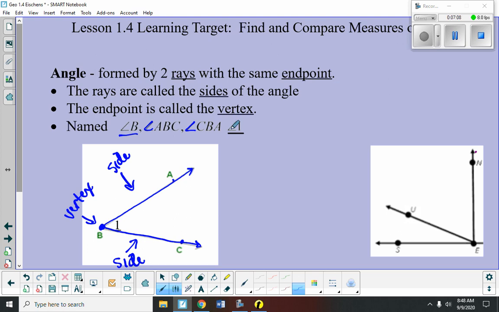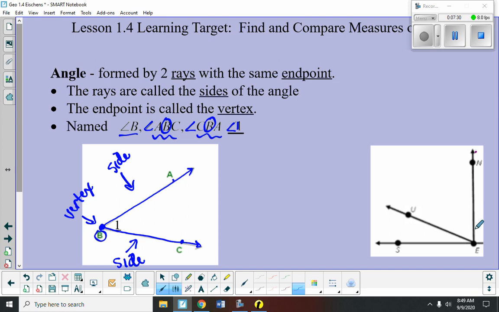The other thing you can do if there's a number, that's probably the easiest, is you can say that this is angle 1. So just remember, when you use the three letters, the vertex, which is B, is always in the center of the name. Now, you can use the one letter, the name of the vertex, if there's just one angle.